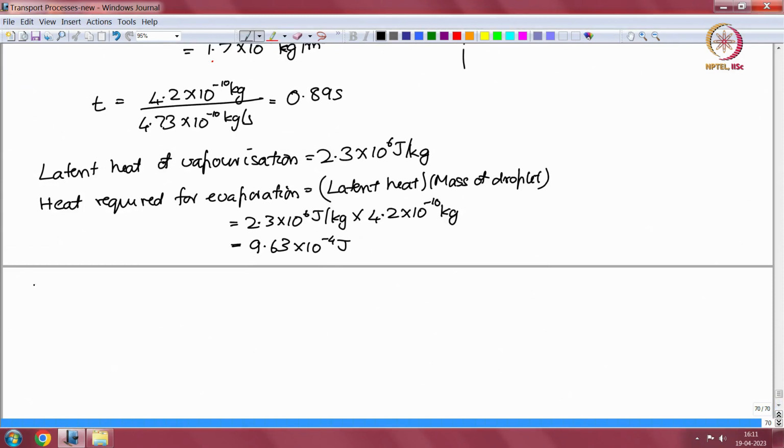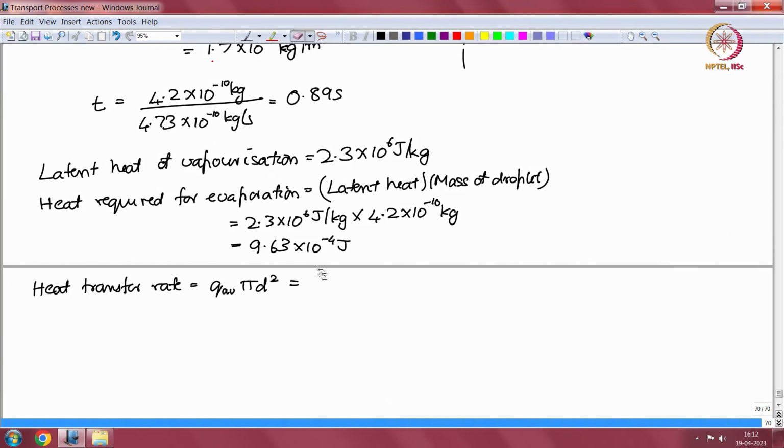We have to find out what is the heat transfer rate. Okay. Heat required divided by heat transfer rate will give you the time required for the heat transfer. The heat transfer rate is the average heat flux times the surface area pi d square.